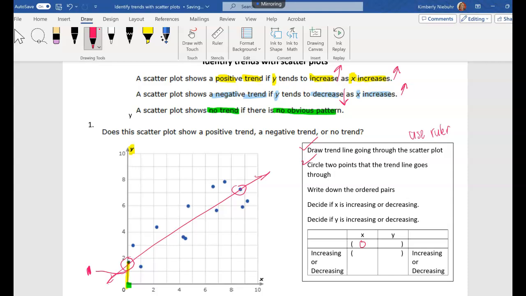Y is almost 2, so we could call it 1. I don't know, let's use a decimal this time. 1 and 9/10. Almost 2. All right, we still need to do this point.